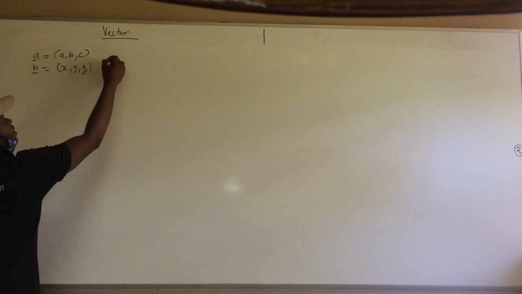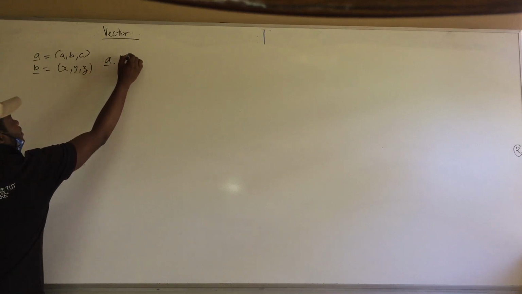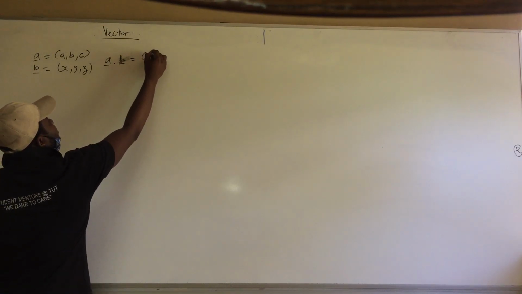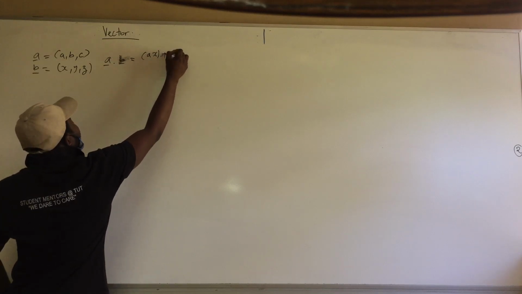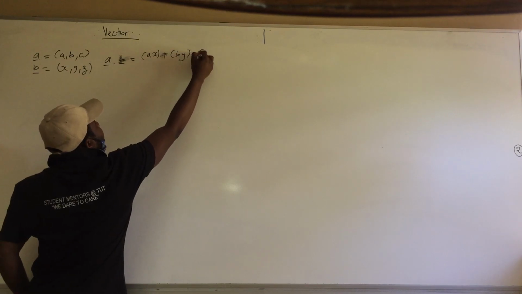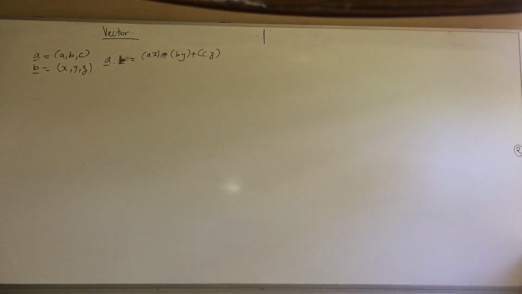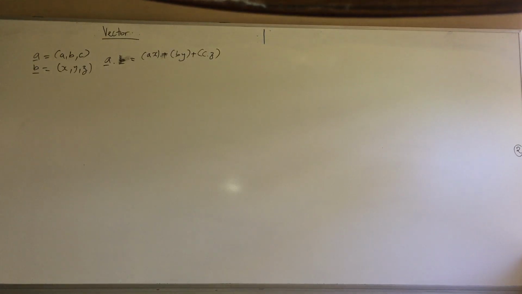So vector A dot vector B gives you a multiplied by x, plus b multiplied by y, plus c multiplied by z. We call the result the dot product or scalar product. The result is a scalar.